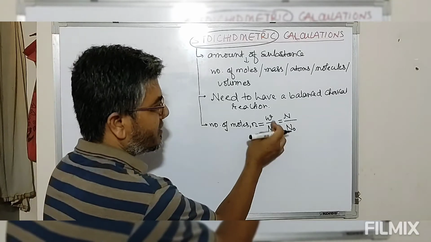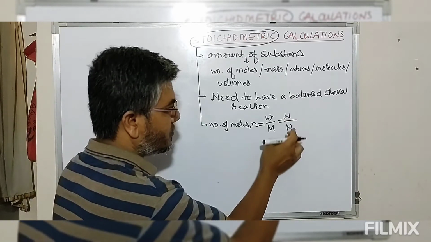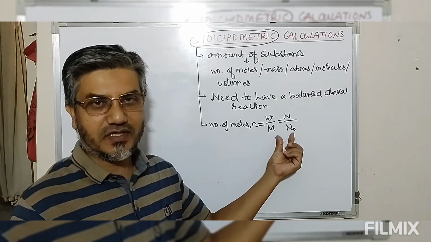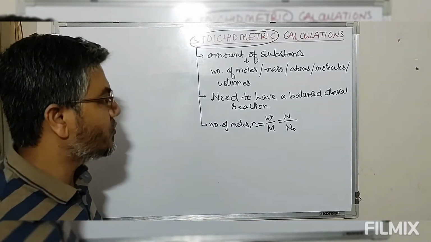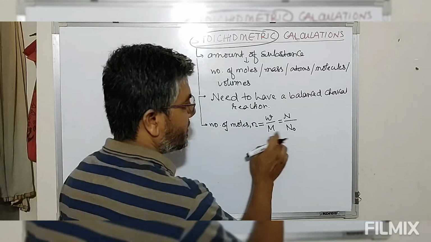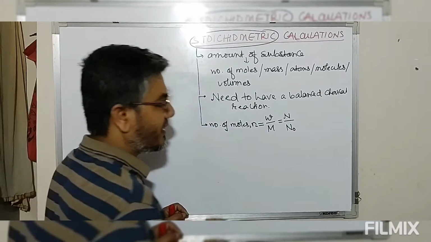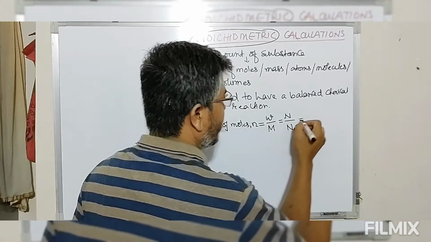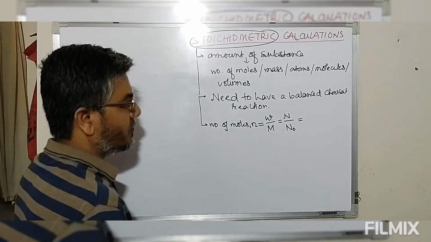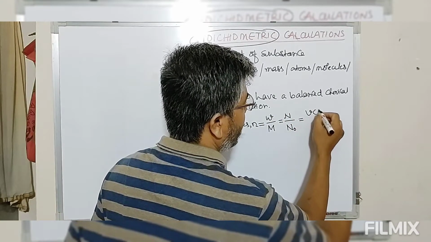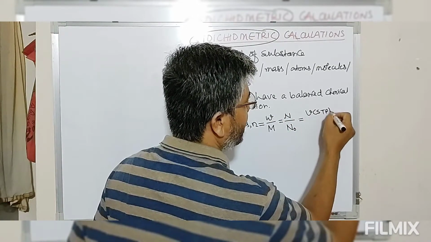Now this mass by molar mass, number of molecules divided by Avogadro number, is applicable to solids, liquids as well as gas. But if the reaction involves gases, we define another value in terms of volume, that is volume of the gas at STP, standard temperature and pressure.